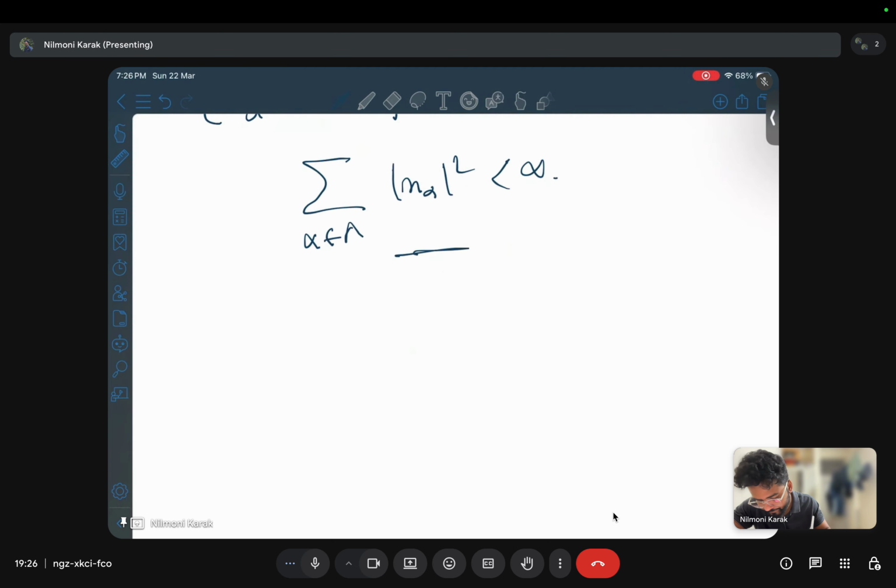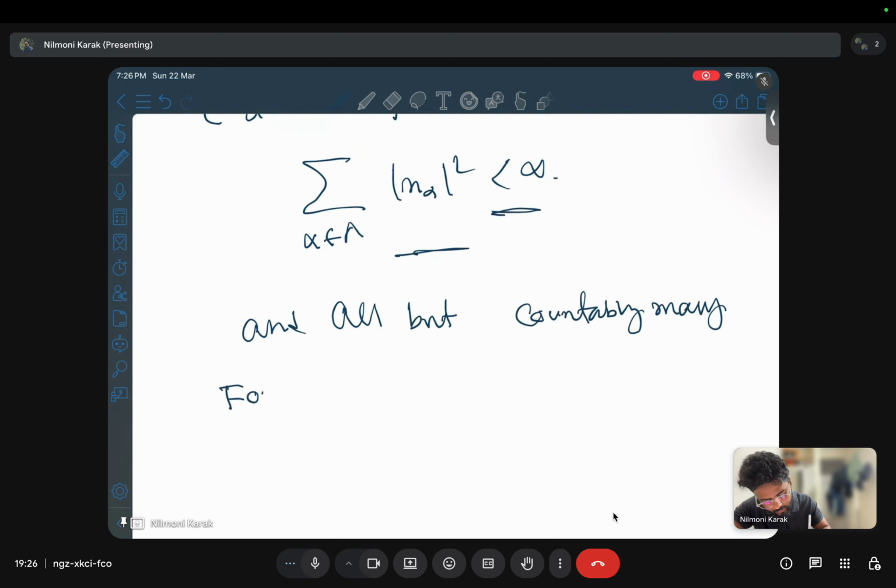And the sum of squares is convergent, and all but countably many Fourier coefficients vanish.